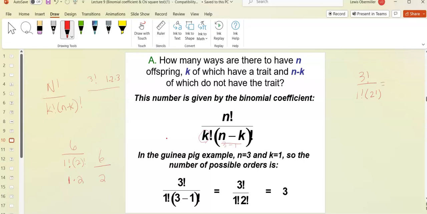And if we do this out, 1 times 2 times 3 is 6, and 1 times 1 is 1, and 1 times 2 is 2. So that total is 2. So 6 divided by 2 equals 3. So our answer is 3, right? So there's 3 ways. This is calculating how many ways that we can get this. We're not done because we have to multiply it by our probability.